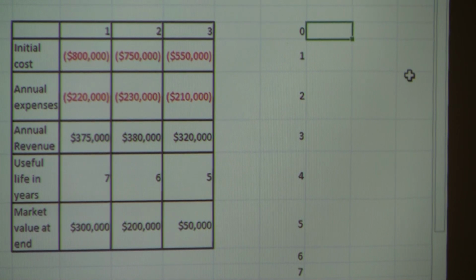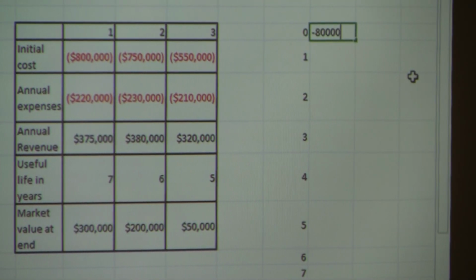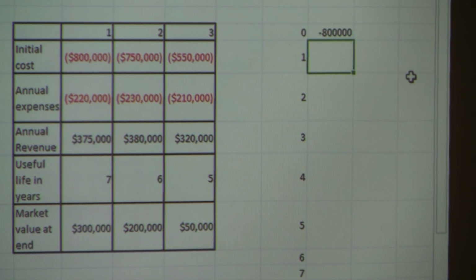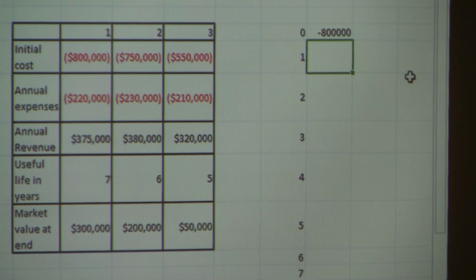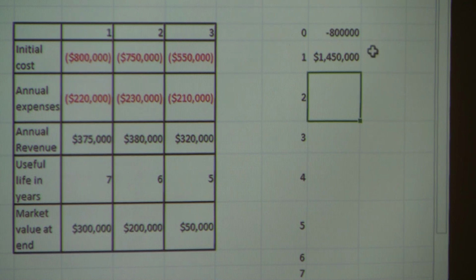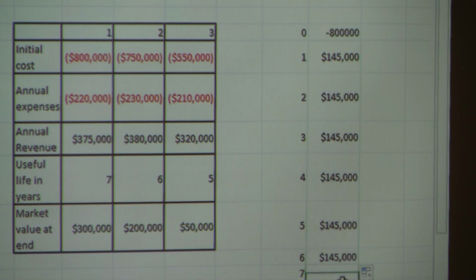All right, so what happens in year 0? I buy. What's my revenue minus my expenses? 375 minus 220, 155. So we agree that that is my net revenue? And then at the end, I sell it.